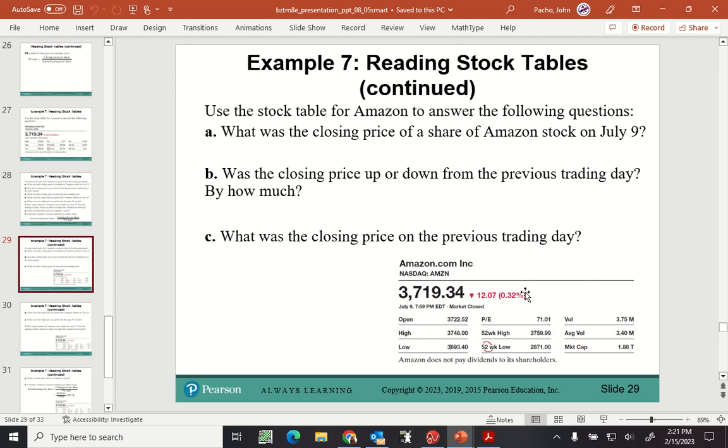What was the closing price on the previous trading day? Here's a hint. The closing price of the previous day is the opening price of your day. So in between yesterday's close and today's open, they stay the same. 3722. Yep, 3722.52.